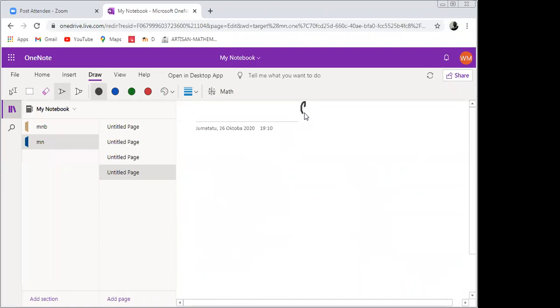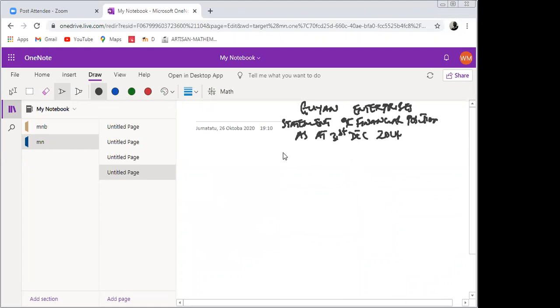So the name of the business here is Guyan Enterprises. Then you say this is a statement of financial position as at, remember the format, as at 31st Dec 2014, you underline.